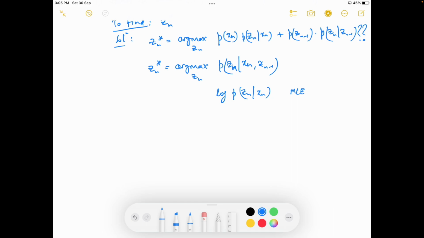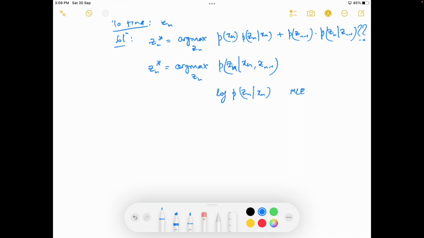So based on the standard DAG for the HMM, Zn does not depend on Xn. In HMM, you factorize your graph in such a way that Zn does not depend on Xn, rather P of Xn given Zn is given to you.